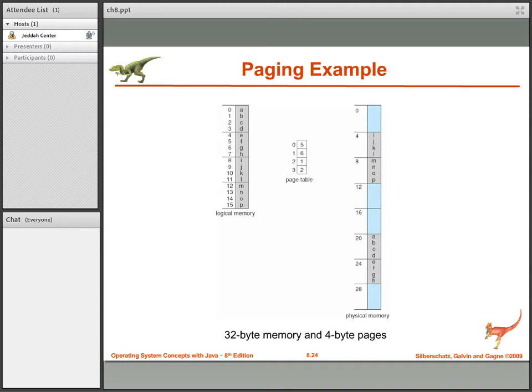So you count 1, 2, 3, 4, 5, 6, 7, and you will see that it contains E, F, G, H, which is the content of page 1 in the logical memory. The same holds for the remaining pages.